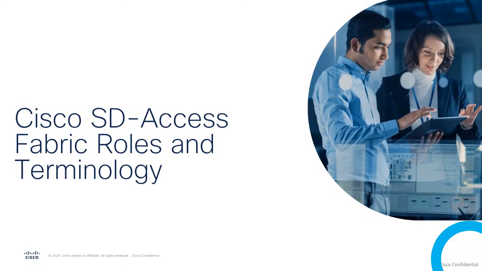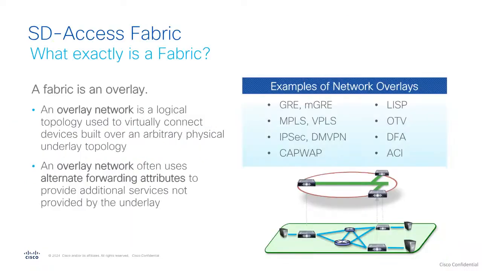Now let's look at some SD Access fabric roles and terminologies. Let's begin by talking about what a fabric is. The SD Access architecture is supported by fabric technology, which is implemented for the campus, enabling the use of virtual networks running on a physical network, which is your underlay network, creating alternative topologies to connect different devices.